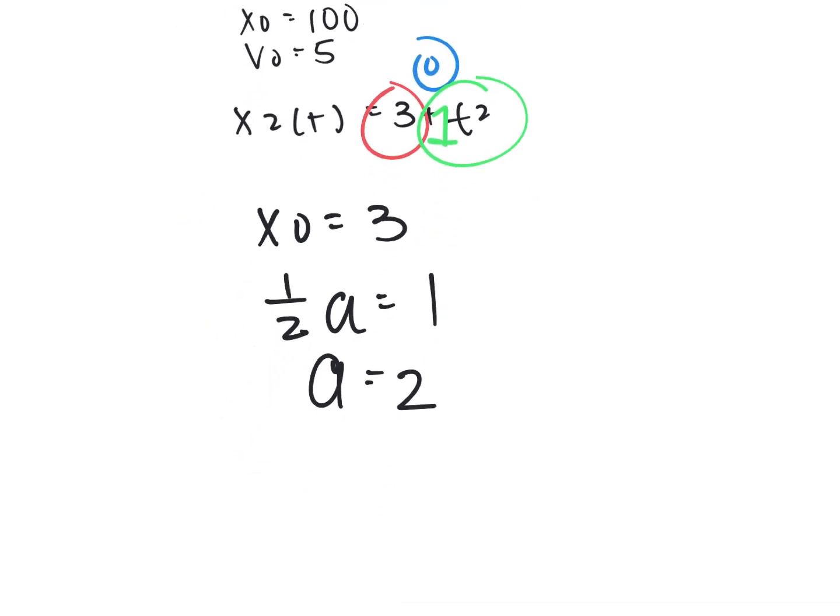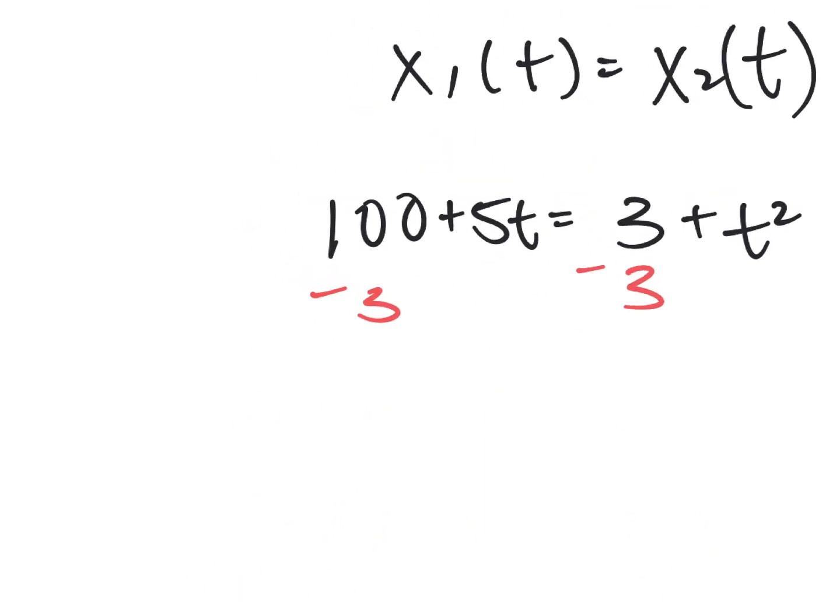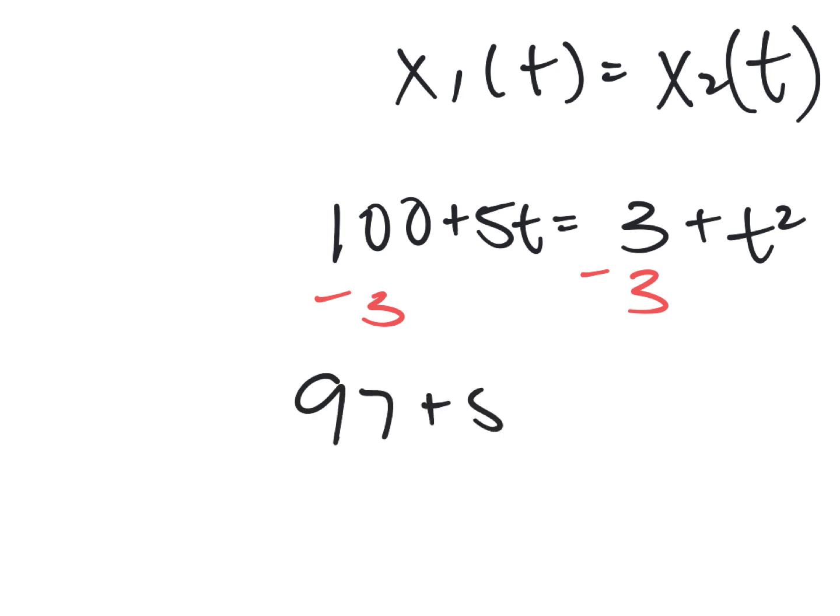When do they have the same x? When does this equation equal this equation? So first we'll make them both equal to each other. Then we will subtract 3 from each side. It'll be 97 plus 5t equals t squared.